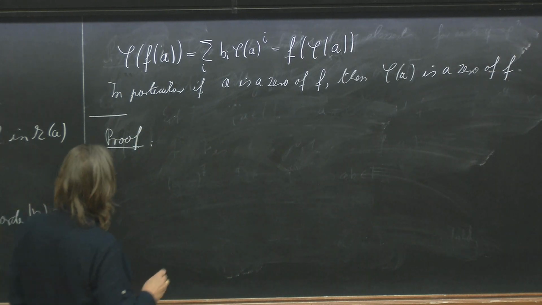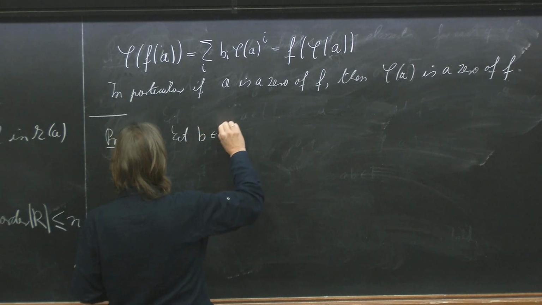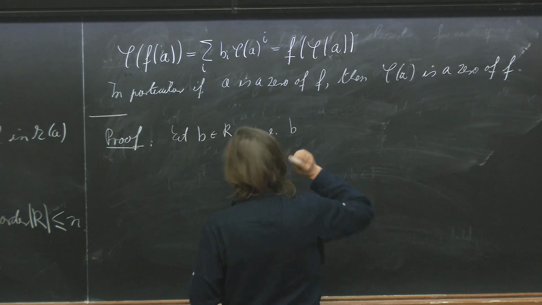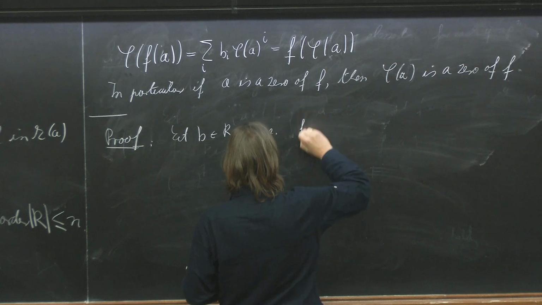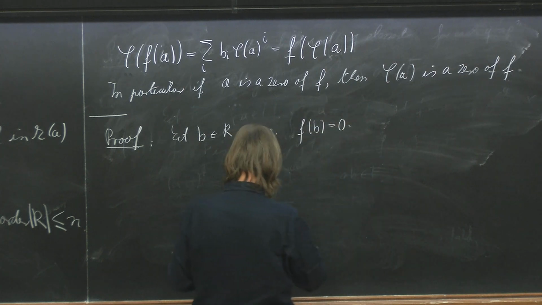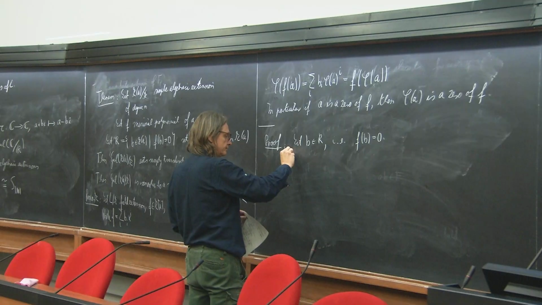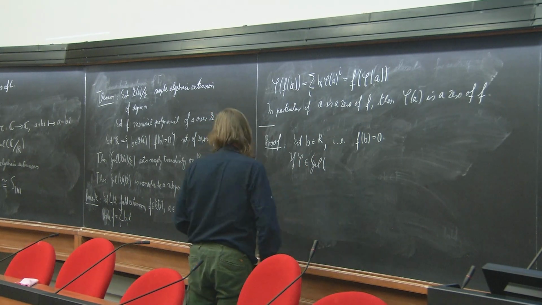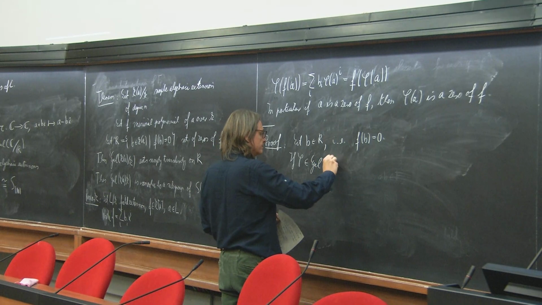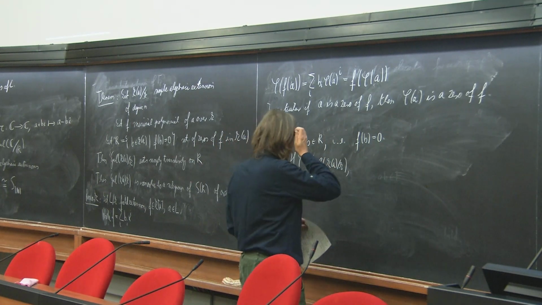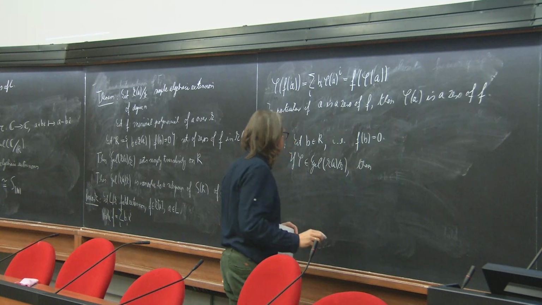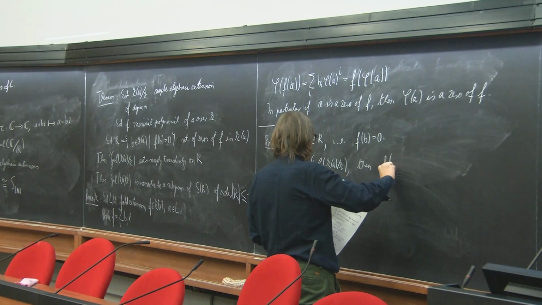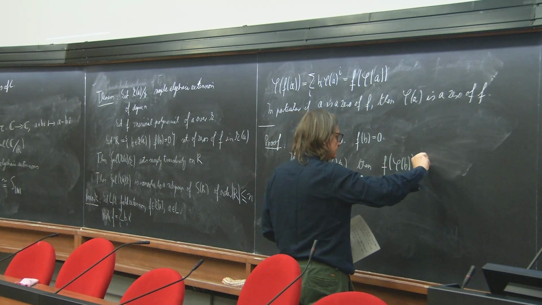Let R be the set of roots of F. So if phi is an element in the Galois group of Ka over K, then by the above, we have that F of phi of B is equal to 0.